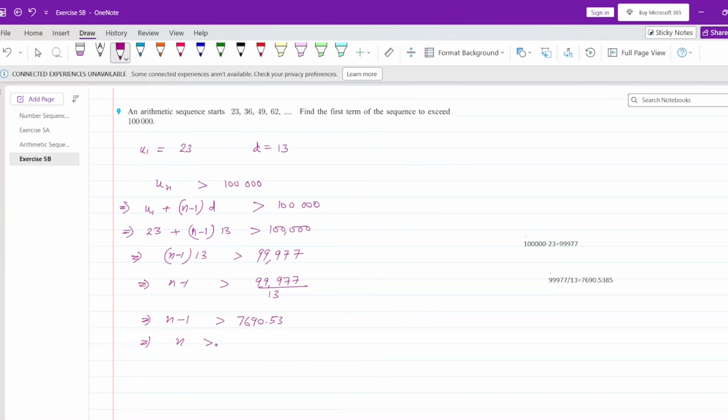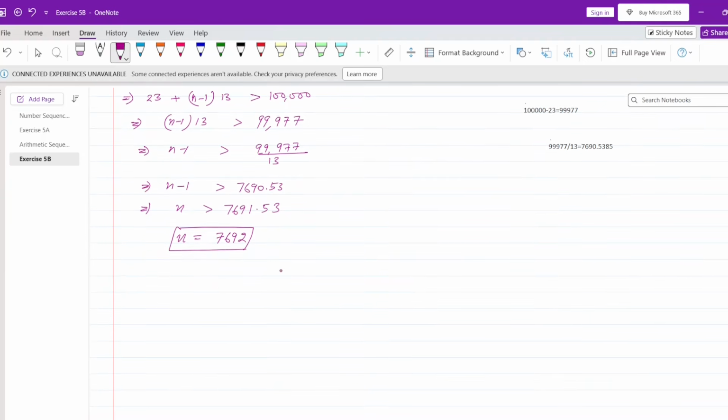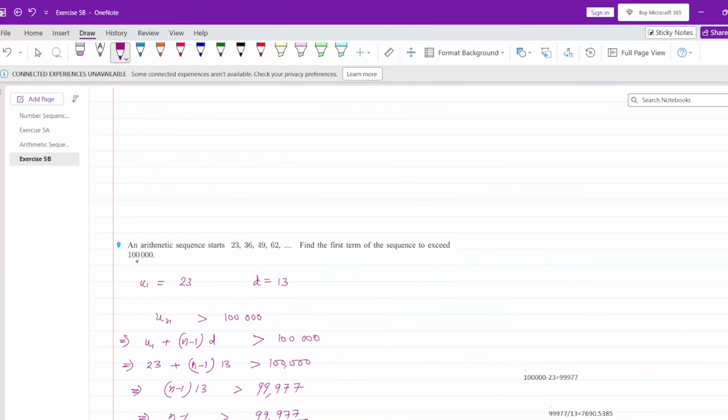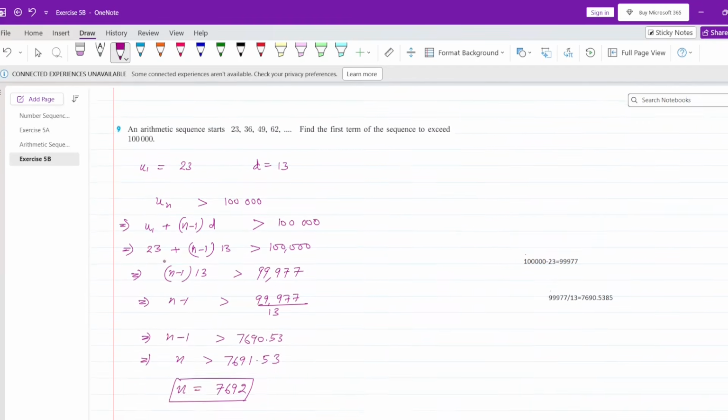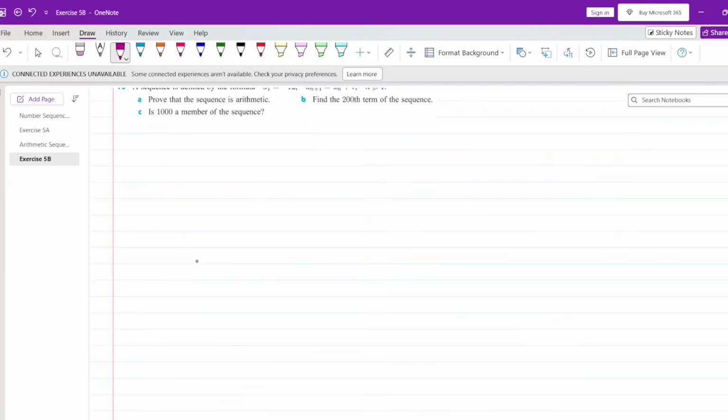So n should be greater than 7691.53. Now we know n has to be an integer, and that integer has to be greater than this. So n is 7692. So the 7692nd term of this sequence is going to be greater than 100,000. That's the answer. Let's go to the next question.